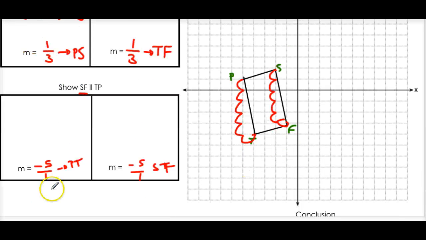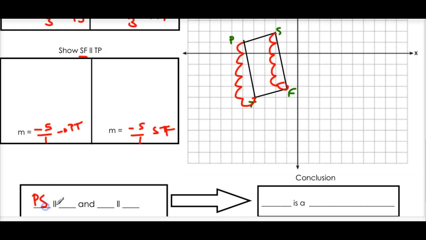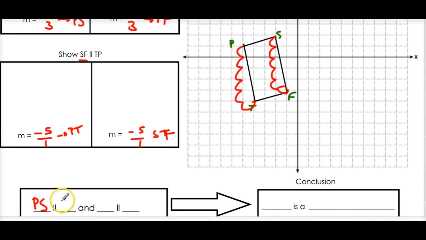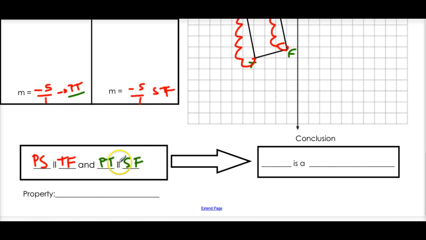We know that PS is parallel to TF because we proved that. And we also know that PT is parallel to SF because once again they have the same slopes. The property that we're using here to prove it is that opposite sides are parallel.